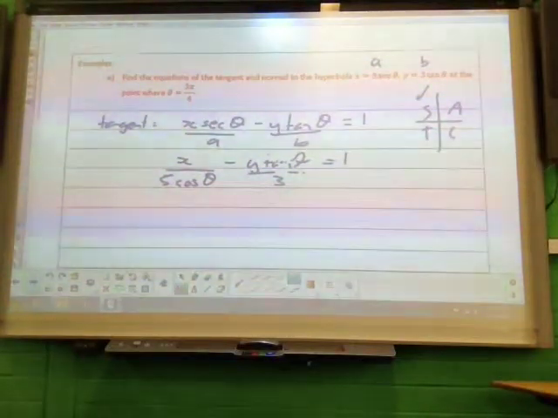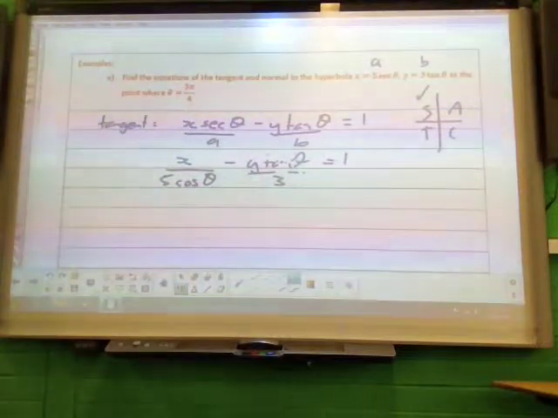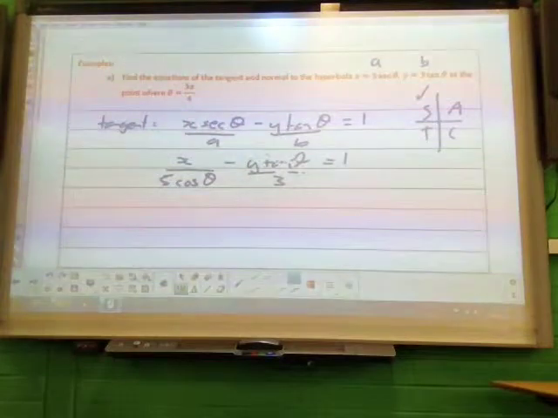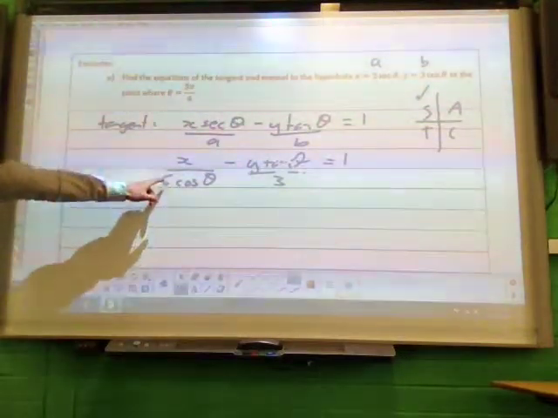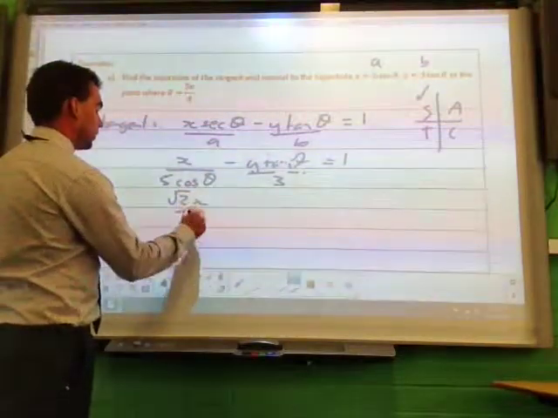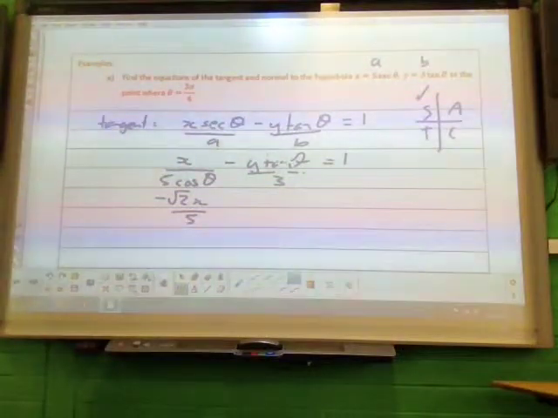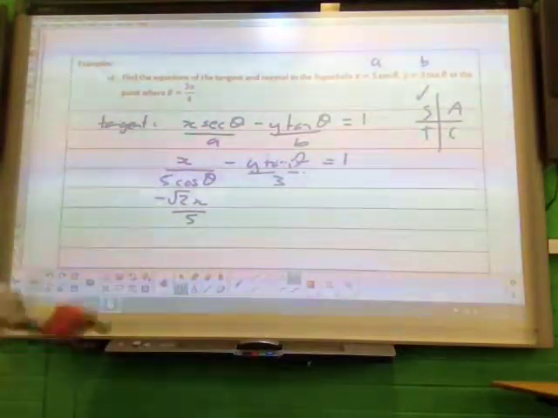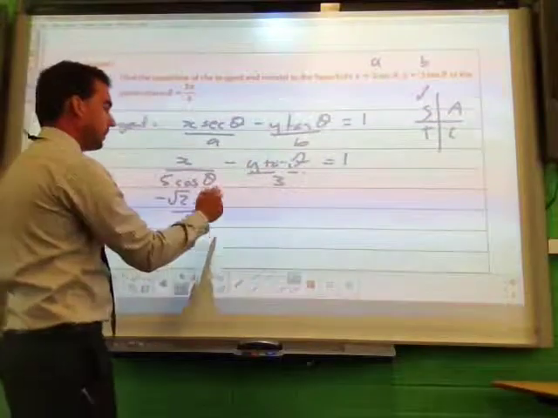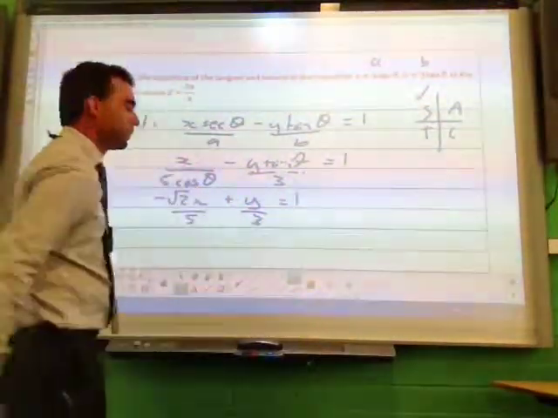Tan of 45 works out to be 1, and cos of 45 is 1 over root 2. So we're going to have x over 5 over root 2, so the root 2 is coming up top, and a negative sign because it's negative in the second quadrant. And then tan of 135 is negative 1, so we're going to have plus y on 3.